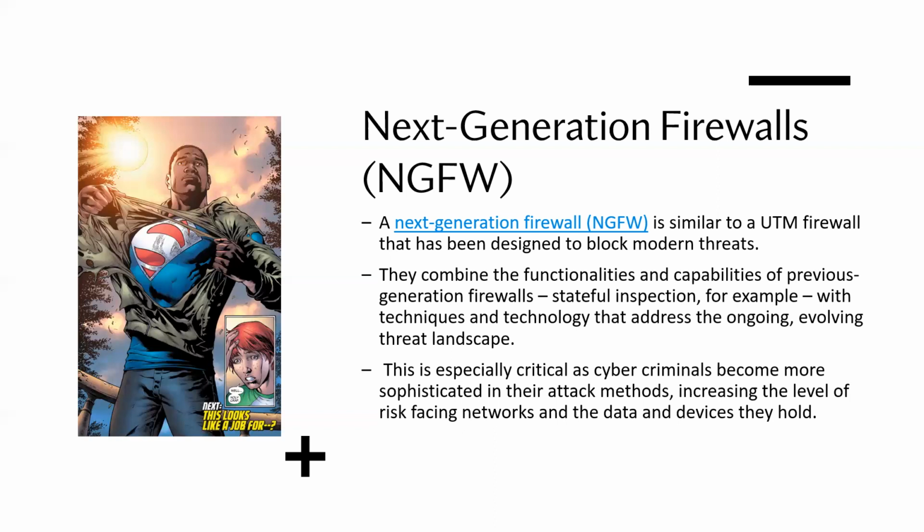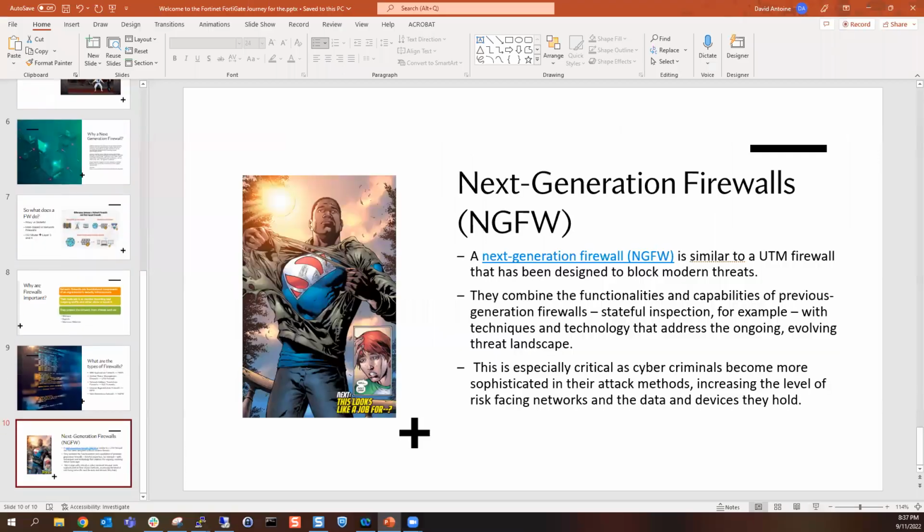It does stateful inspection, for example, with techniques and technologies that address the evolving threat landscape, okay? And as you know, it's very serious right now to have a next generation firewall in your environment. So Palo Alto, FortiGate, or Cisco Firepower and Cisco ASA working in conjunction. I'm sure you work with some of those. All right, and that's it. Guys, any questions so far?